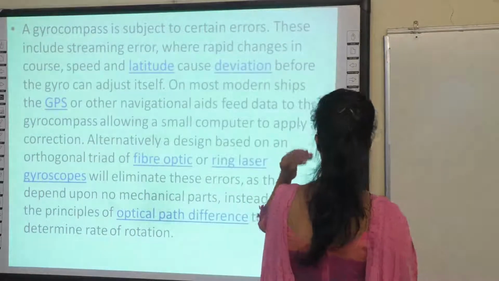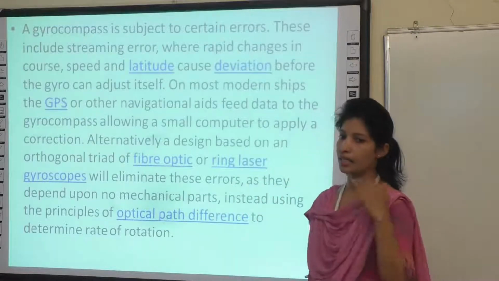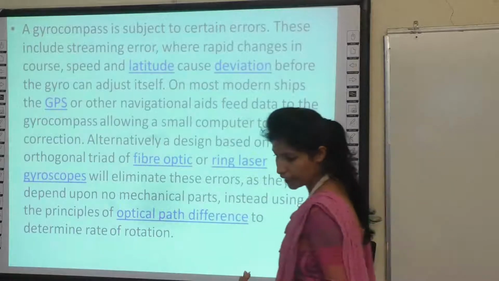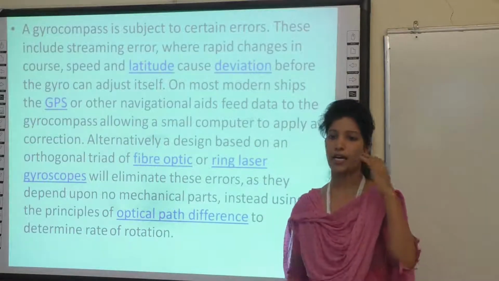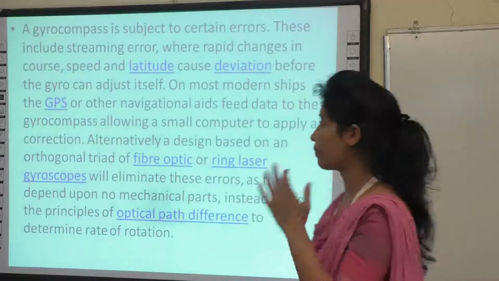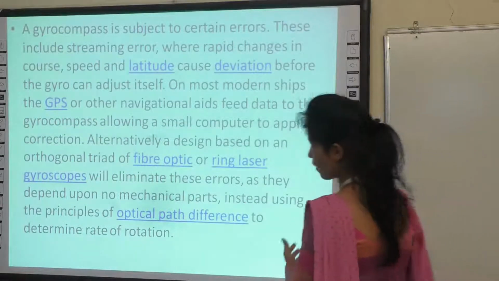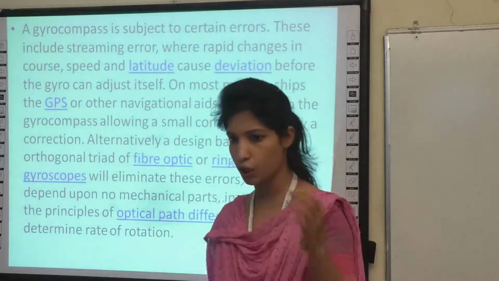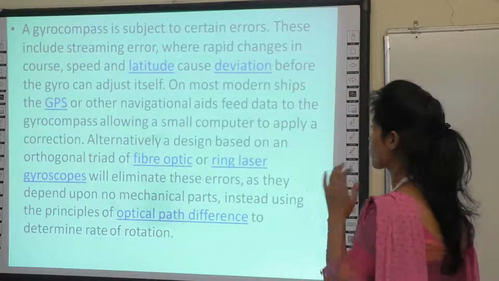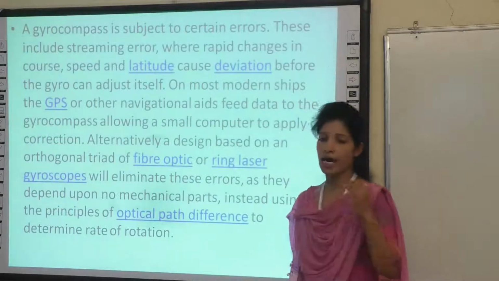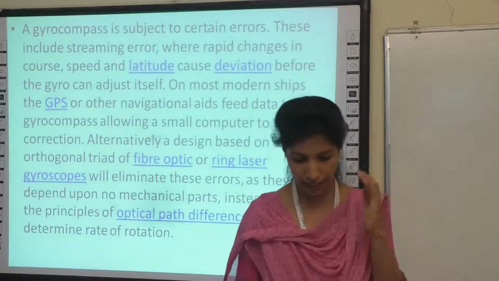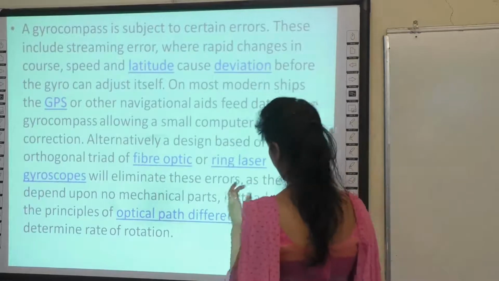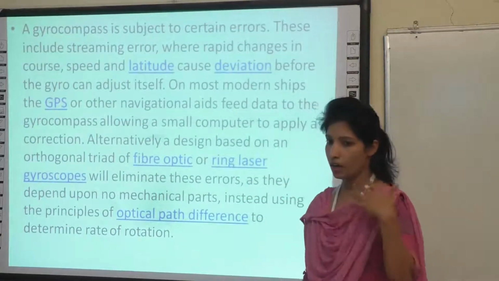Gyrocompasses are subject to certain errors. These include steaming error, where there are rapid changes in the course, speed and latitude, and deviation before the gyro can be resolved. On most modern ships, both the global positioning system and other navigational aids are used, allowing a small computer to apply a correction to the gyrocompass. Alternatively, designs based on fiber optic and ring laser gyros eliminate these errors.